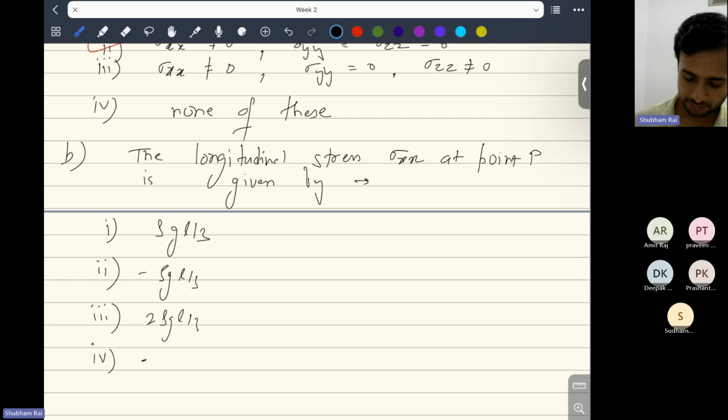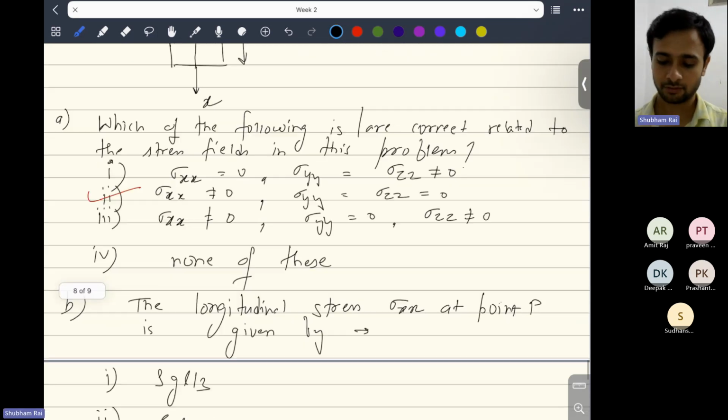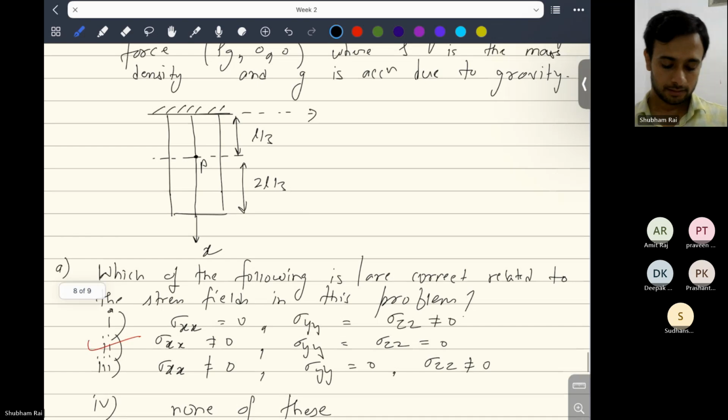Fourth option is minus 2 rho GL by 3. That's what you have to tell. So how will you tell?